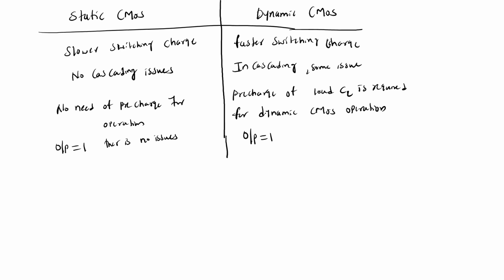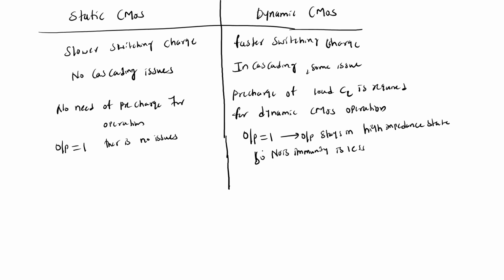The output stays in a high impedance state, so noise immunity is less. It is less prone to noise, meaning more noise will be added. It is more prone to noise.